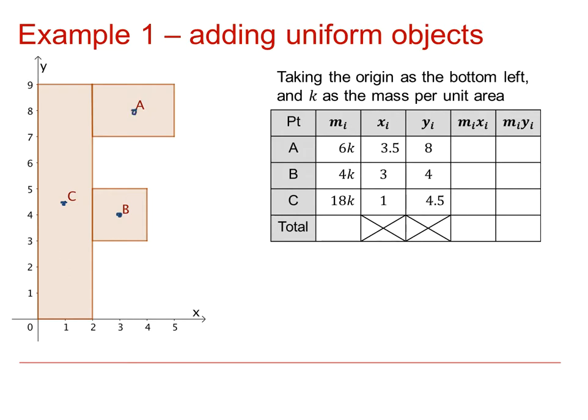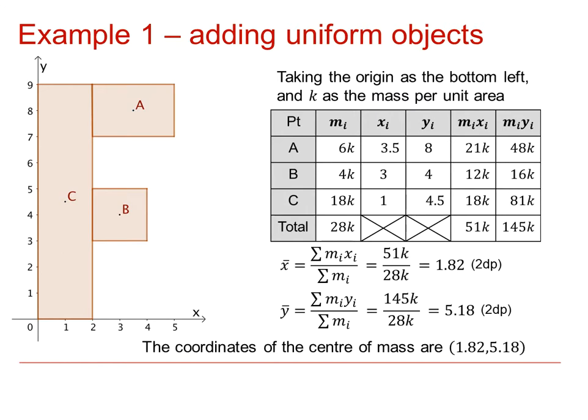So we can then calculate sigma mixi by first of all multiplying the mass by the x's, and then sigma miyi. And you can check through that these are the values that you get. So that totals sigma mixi is 51K and the total mass 28K.